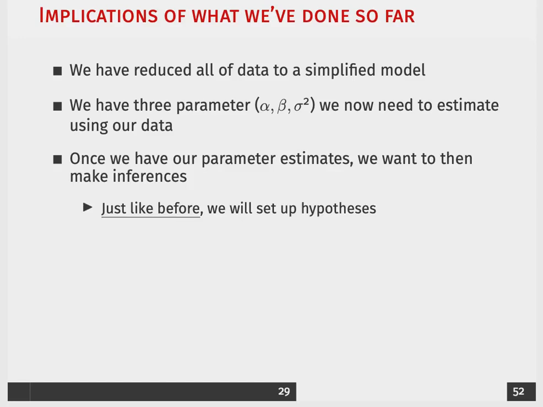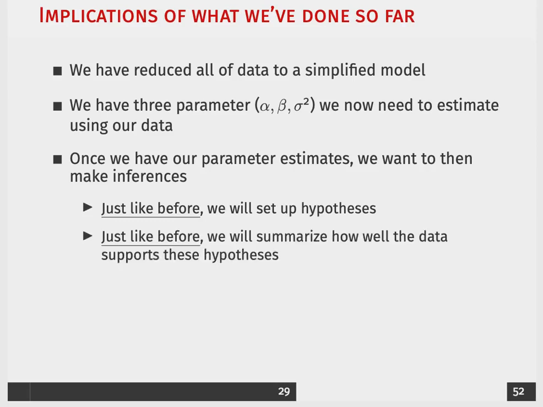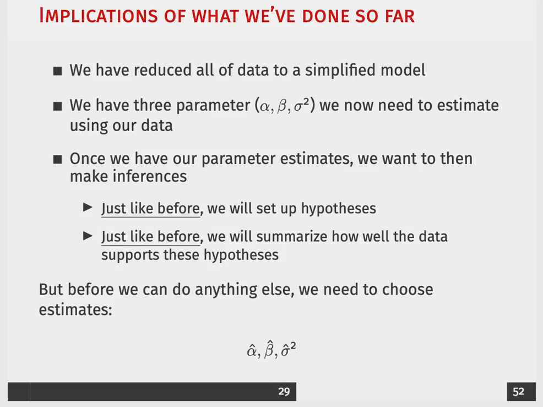And in order to make some inferences, we're going to set up hypothesis tests. And just like before, we're going to summarize how well the data actually end up supporting these hypotheses. But before we can do any of that complicated stuff, we need to actually go ahead and justify how we choose our estimates or our estimators of these population parameters.